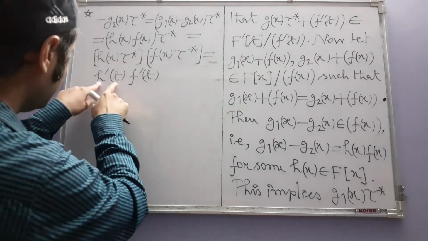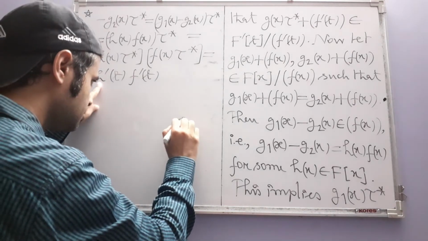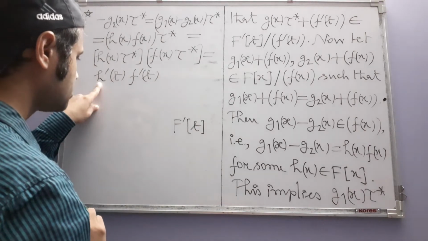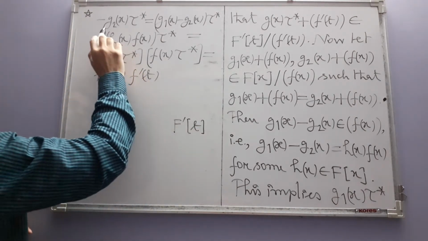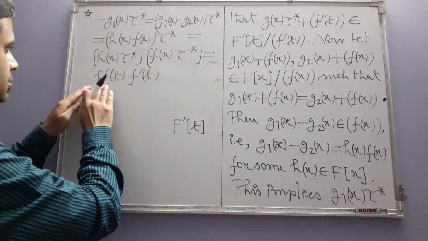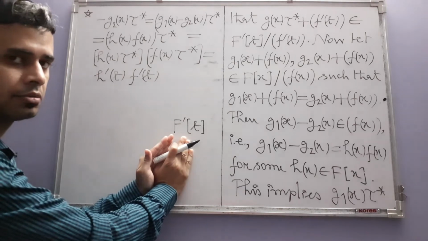Note that this h prime(t) is an element in this polynomial ring, so that means this difference, this minus this, is now a multiple of f prime(t) in this polynomial ring.